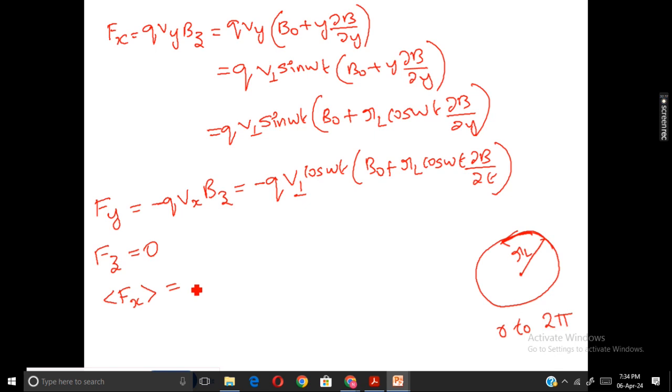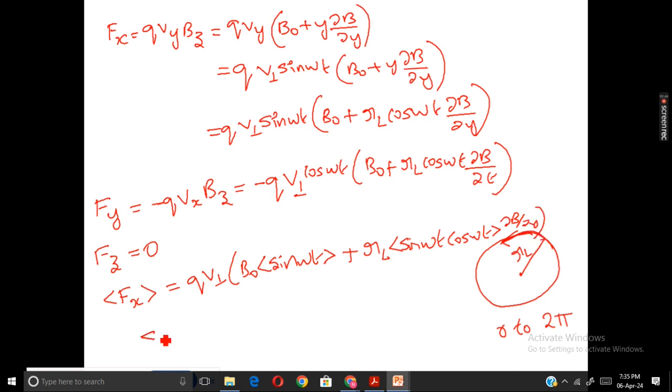Average of Fx will become, we will open the bracket as well, q B perpendicular into B0 average of sine omega t plus RL into average of sine omega t cos omega t ∂B/∂y.